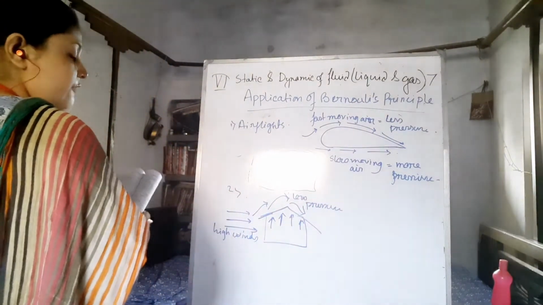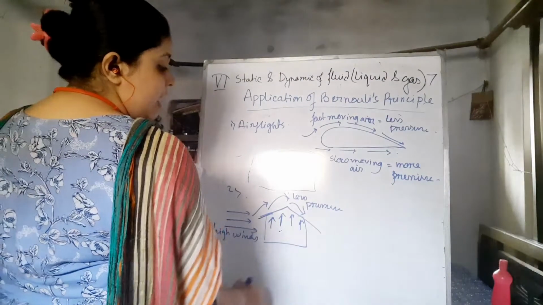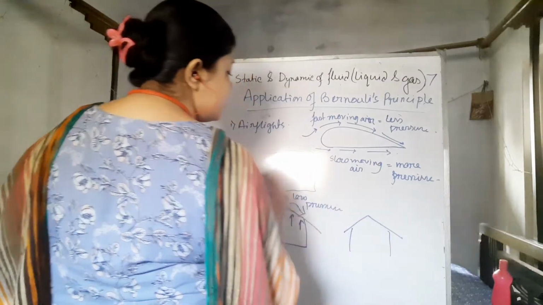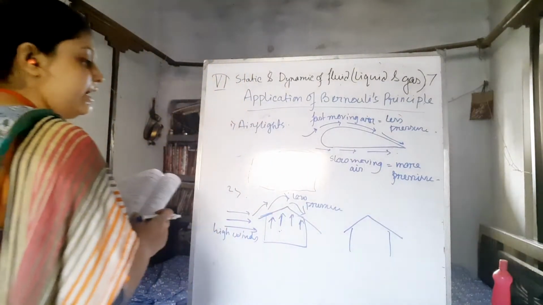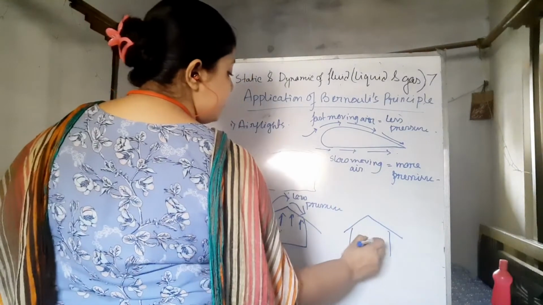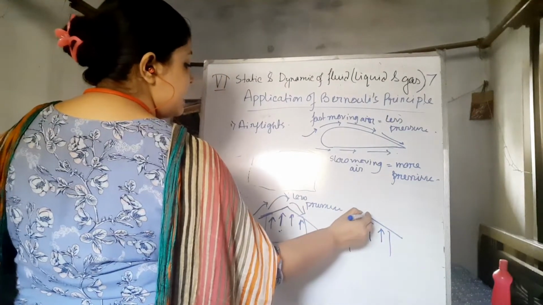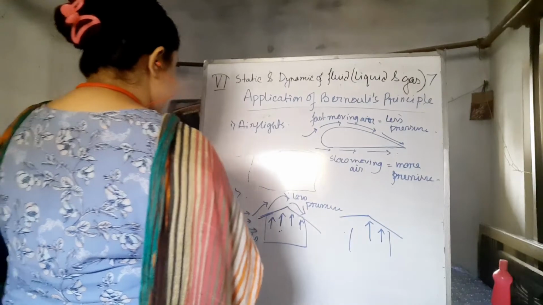So if the pressure inside the house becomes more than the pressure outside, it can easily push the roof off.